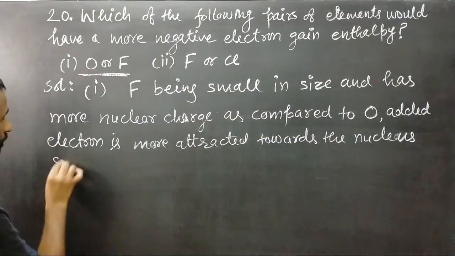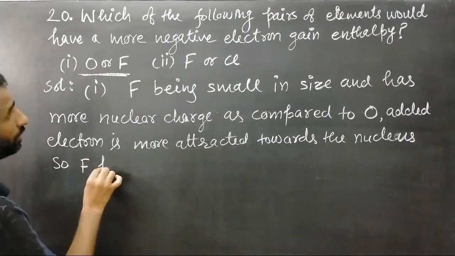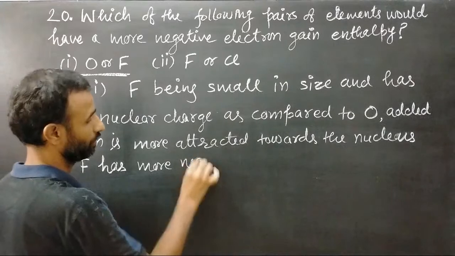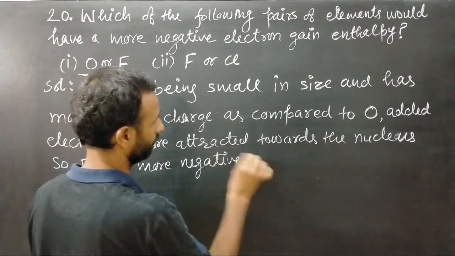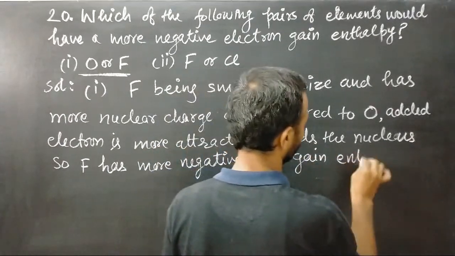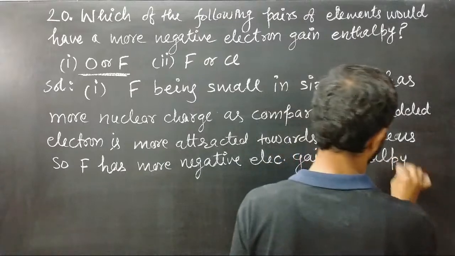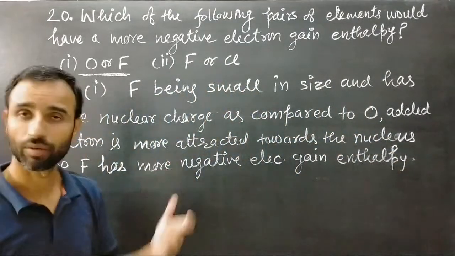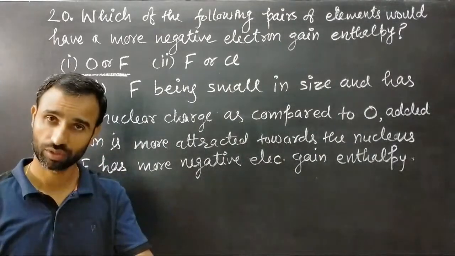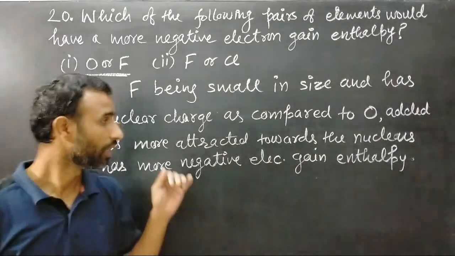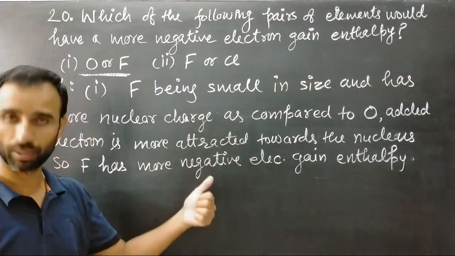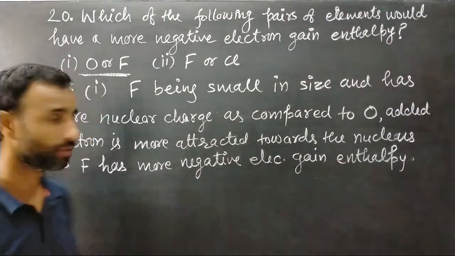So fluorine has a more negative electron gain enthalpy, right? Because fluorine is smaller in size than oxygen, it has higher nuclear charge than oxygen, and because of these two reasons fluorine has a more negative electron gain enthalpy, right?